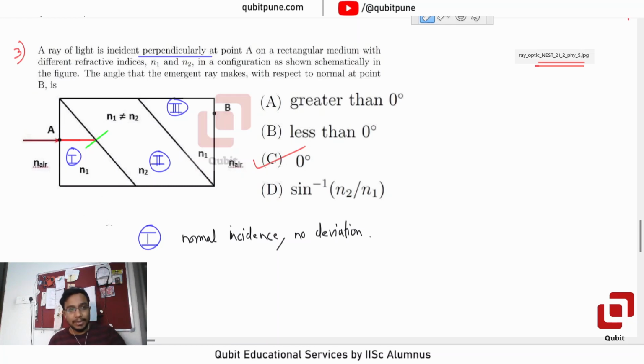Because n1 is not equal to n2, clearly the angle of incidence will not be equal to the angle of refraction. Now it may bend away from the normal, it may bend towards the normal, depending on which medium is optically denser. So let me show it here.